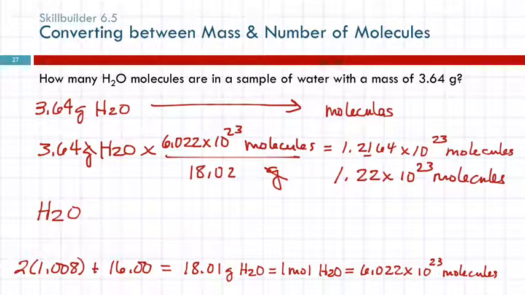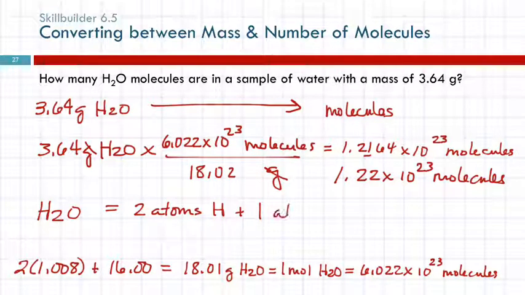There are 2 atoms of hydrogen and 1 atom of oxygen. So there's 3 atoms in the 1 molecule. This is not asking us how many atoms are in that. It's asking for how many molecules. So it's this formula here.